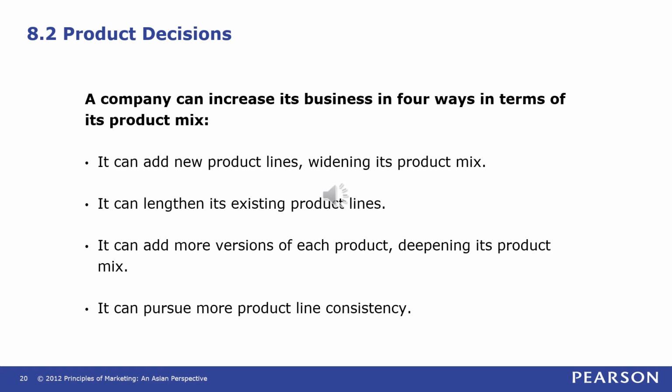The second point is it can lengthen its existing product lines to become a more full line company. The third point here, it can add more versions of each product and thus deepen its product mix. And finally, it can pursue more or less product line consistency, depending on whether it wants to have a strong reputation in a single field or in several fields.